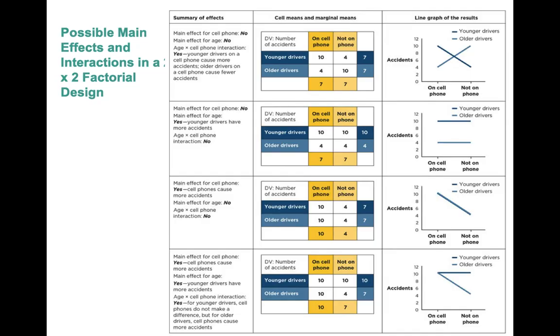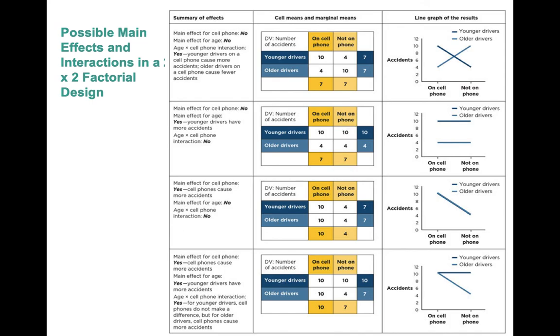All right, and so the remaining slides are just a review of all the different possibilities and effects that you can get in a 2x2 design. And so recall that you can have a main effect for one variable, a main effect for the second variable, and an interaction. And so here we've just got the cell phone use, driver's age, and this table goes through all the different examples. So it's possible to have no effects.